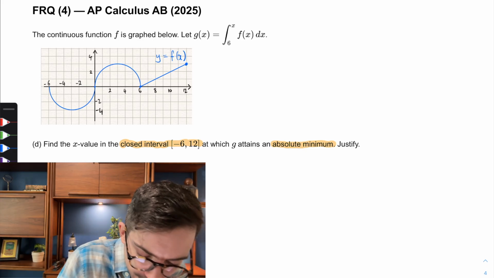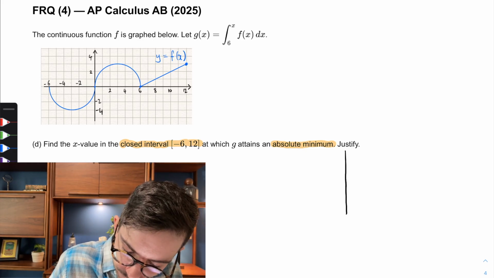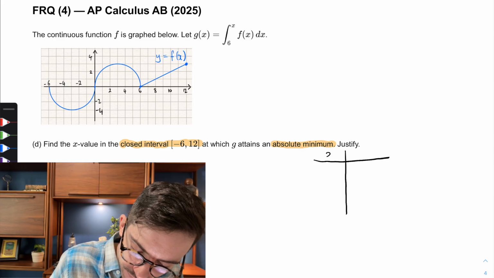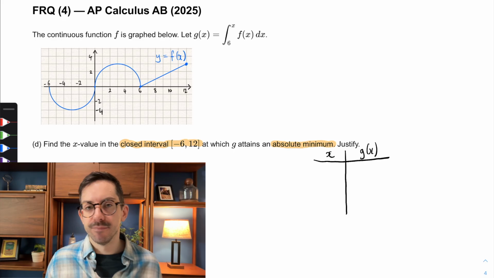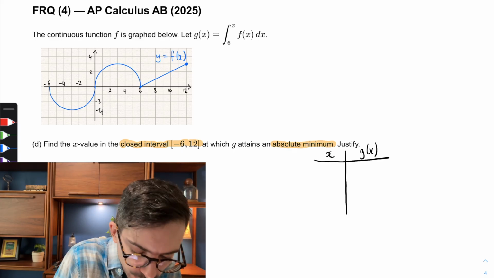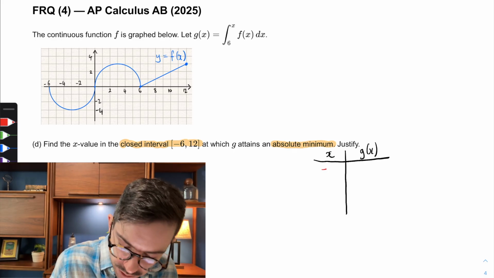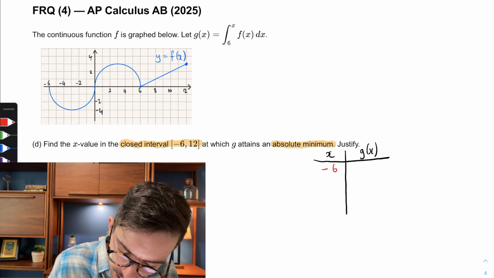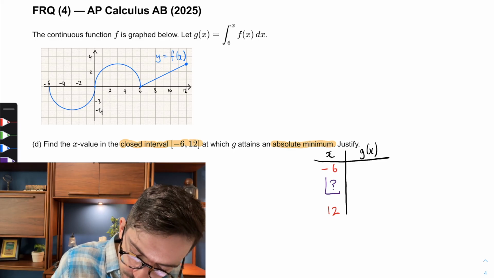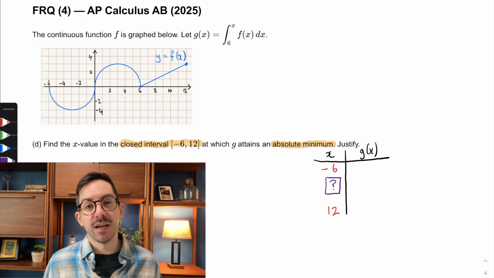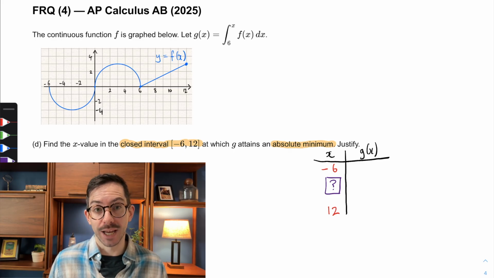So the plan there is to set up a table of values where I'm going to figure out the value of g at some values, namely, okay, the endpoints. We always check the endpoints, negative 6 and 12. But then I also need to figure out some special points, some special x values in between that I should check.